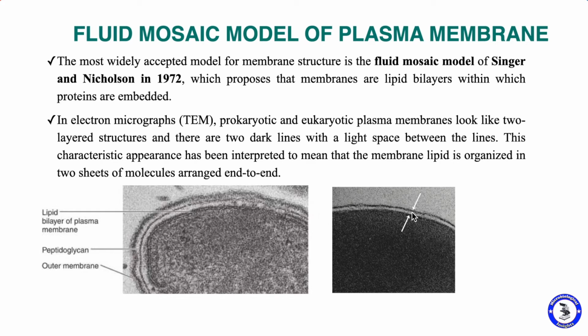When we see the structure, you can see the continuous dark line with the white space in between the dark lines. This characteristic appearance showed us that the membrane lipid is organized in two sheets of molecules which are arranged end to end. In the picture, this is the lipid bilayer, this is the peptidoglycan layer, and this is the outer membrane.